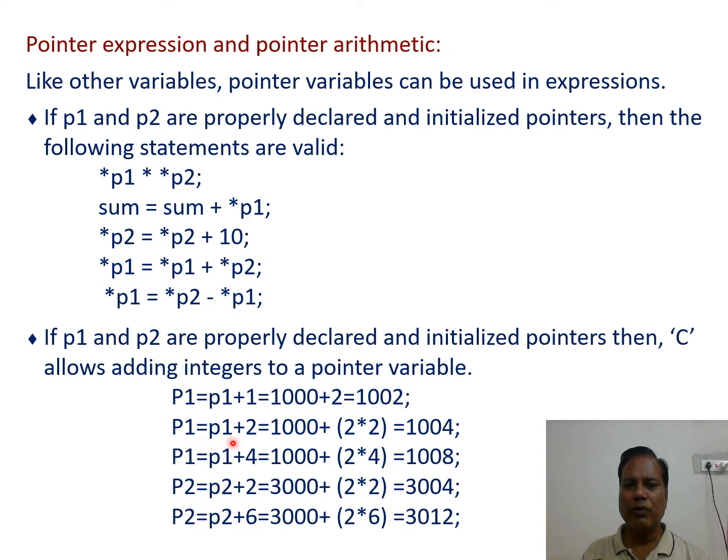P1 equal to P1 plus 2 equals 1000 plus 2 into 2 equals 1004. P1 equal to P1 plus 4 equals 1000 plus 2 into 4, that is equal to 1008. So in this way, these operations are possible.